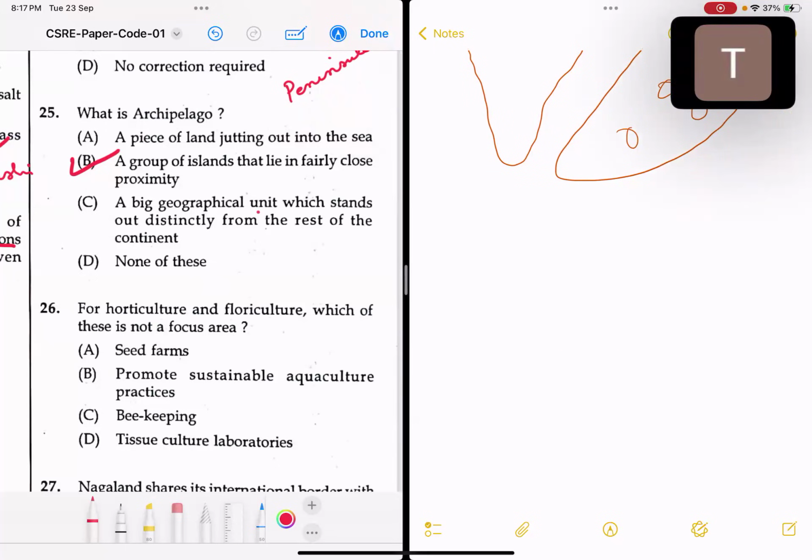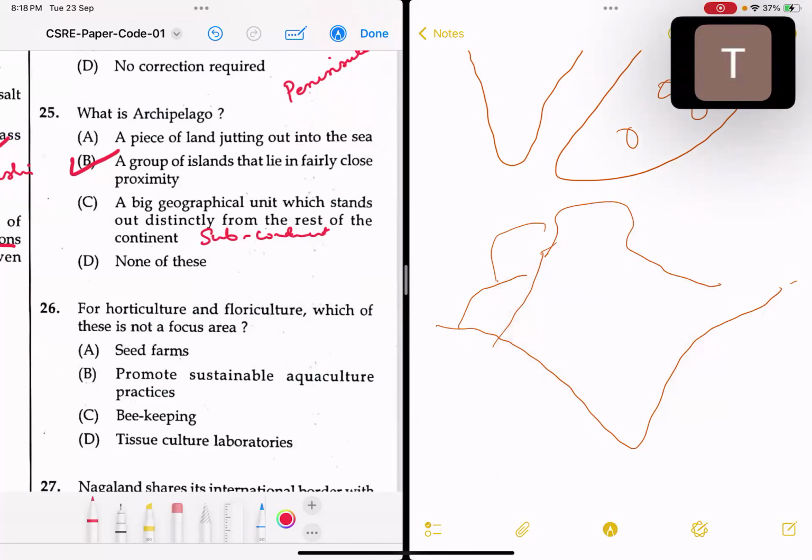And a big geographical unit which stands out distinctly from the rest of the continent is known as a subcontinent. Now, if you look at South Asia, we have India, Pakistan, maybe parts of Afghanistan, Nepal is here, Bhutan is here, Bangladesh is here.